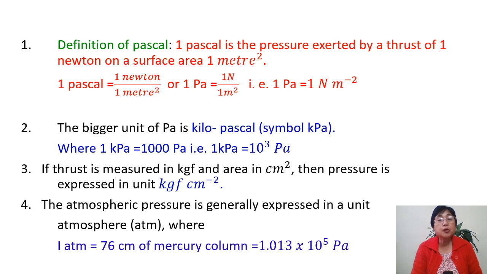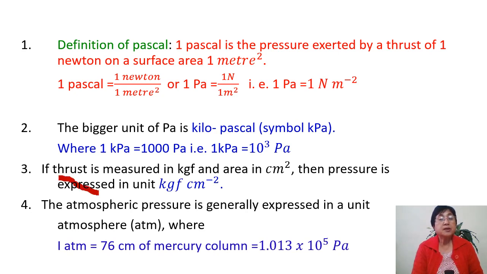So kilopascal is 1000 Pascal. If it is kilogram, it means 1000 gram. And we can write this in short as 10 to the power 3, which means 1 with 3 zeros. So 10 to the power 3 Pascal.